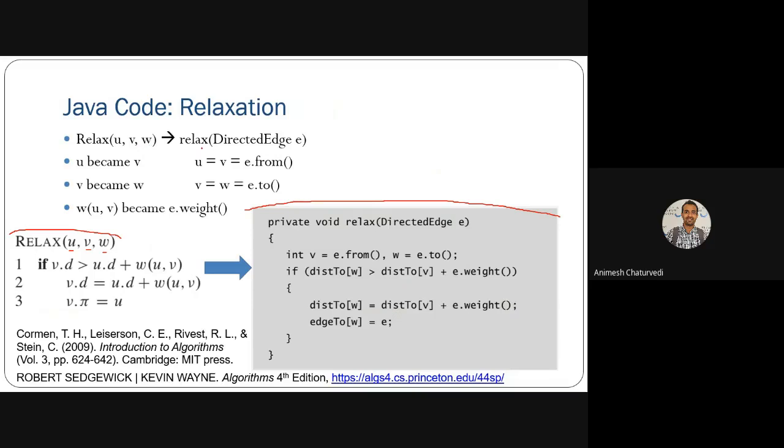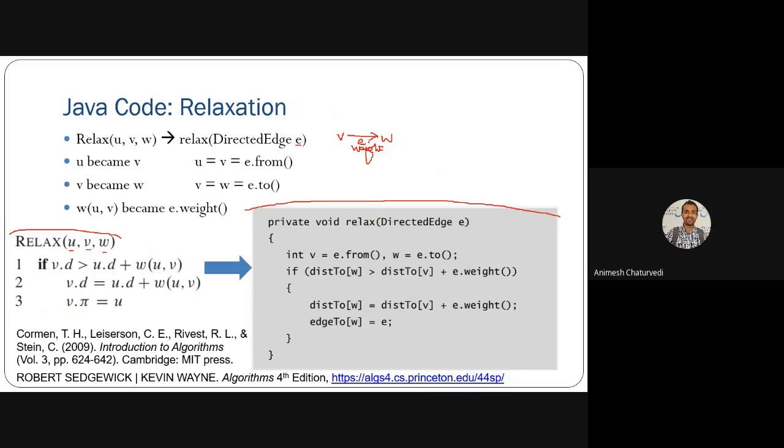So here in this relaxation, you are just passing a data structure E. What does E contain? E contains v driving w with some weight. So there is E dot weight, which is the weight.